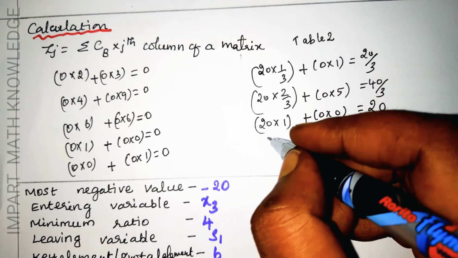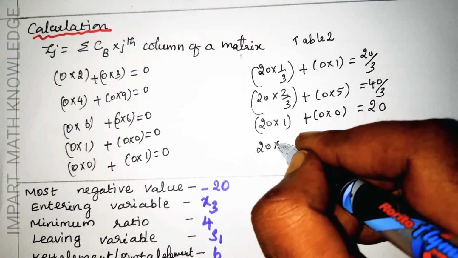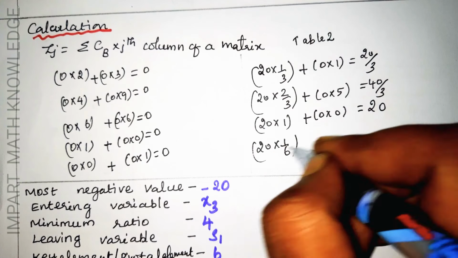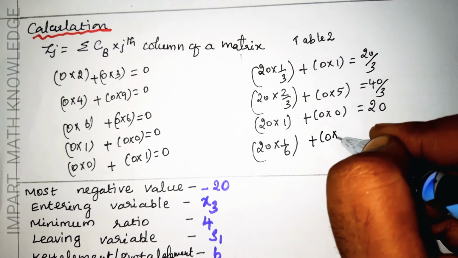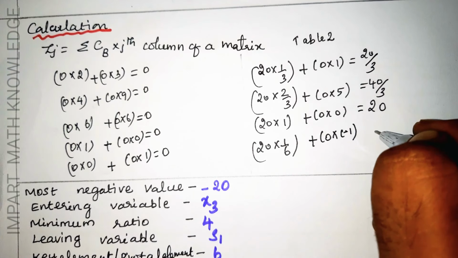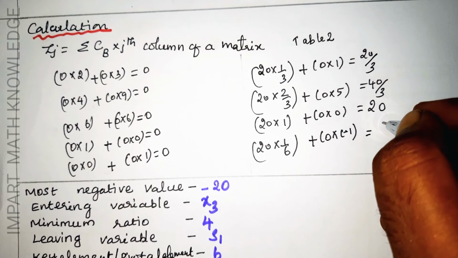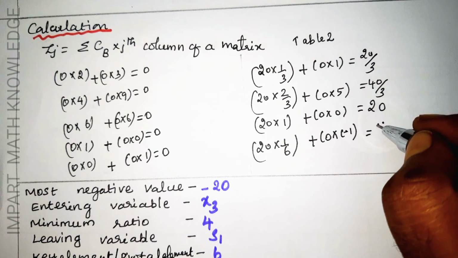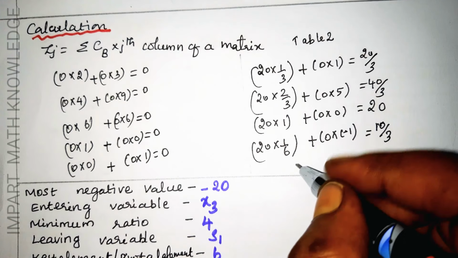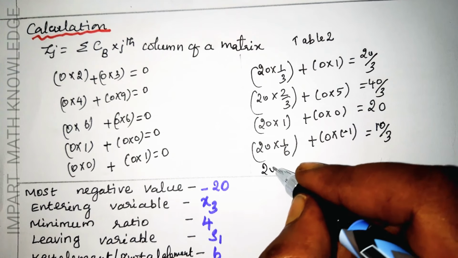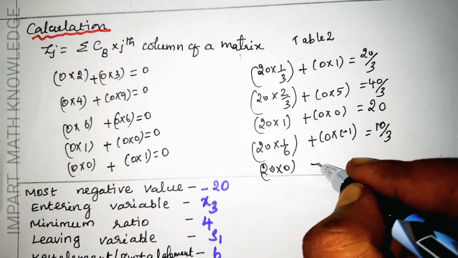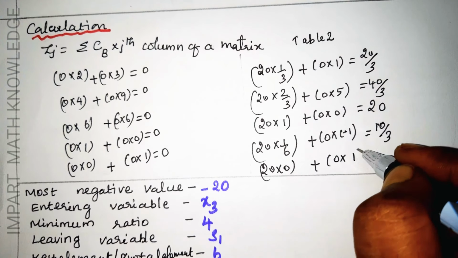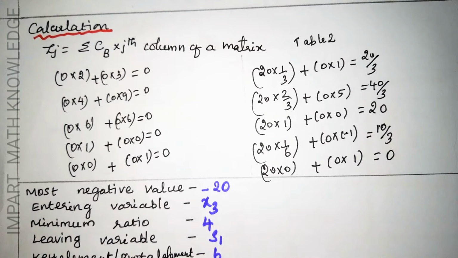And the next one, 20 into 1 by 6 plus 0 into minus 1. So you'll get 20 by 6. 20 by 6 is 10 by 3. The next one, 20 into 0 plus 0 into 1. So the value is 0.